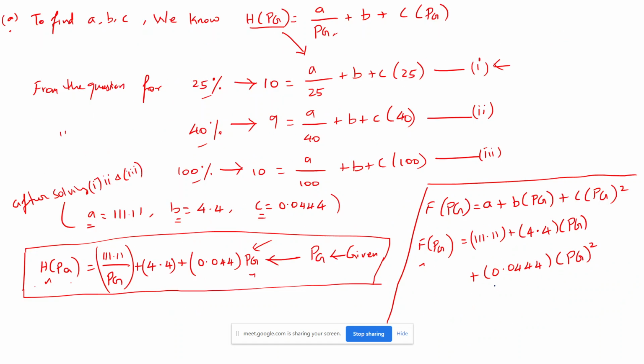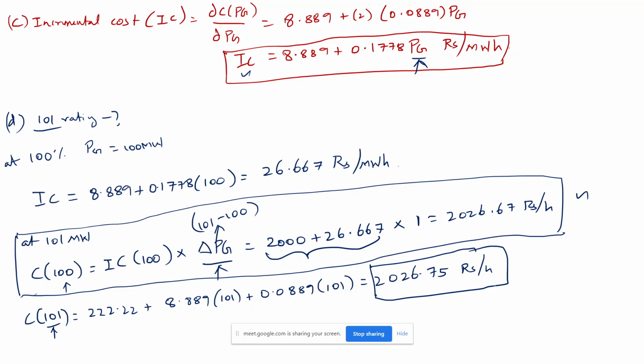So I will write it like this: from equation 4 and this is from equation 3. If you compare these two, they are more or less the same, with only very small variations after some decimal points, otherwise both are the same.